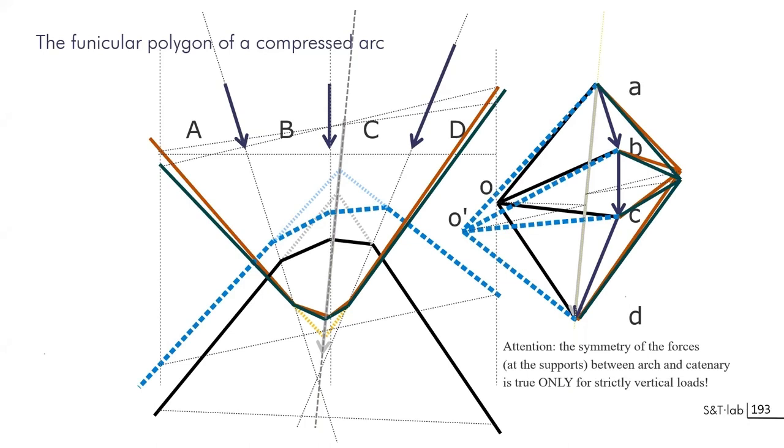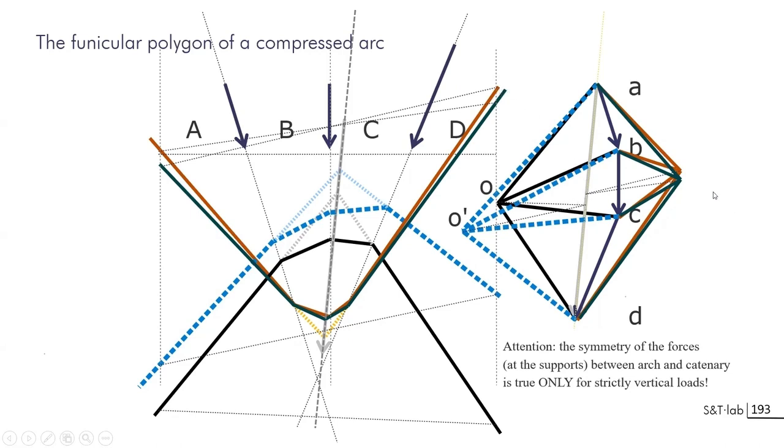Since indeed the equilibrium of the system won't be only vertical, and the way that an arch will take over this horizontal force on one side, or with the hanging chain taking this horizontal force on the other side, won't give you the same result.